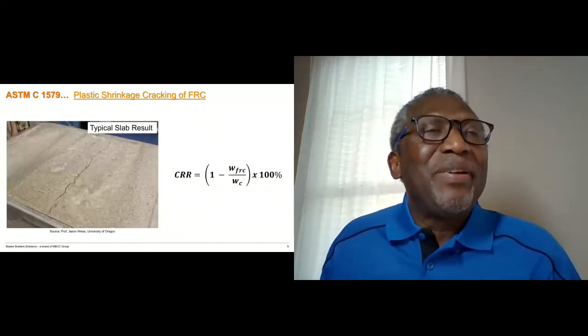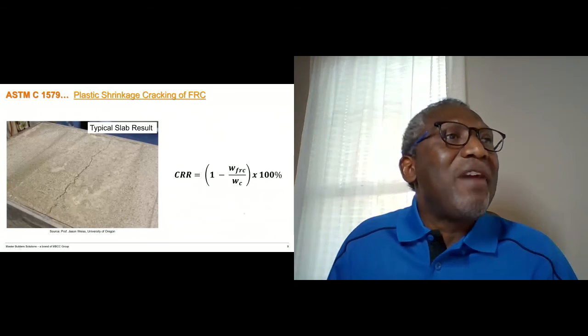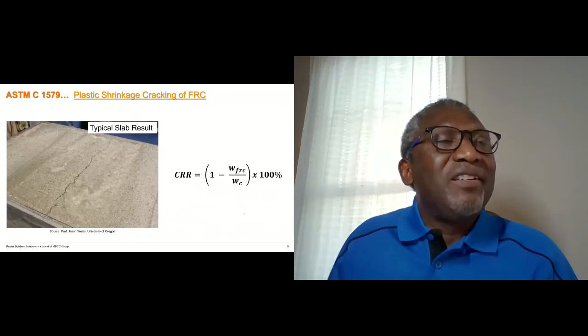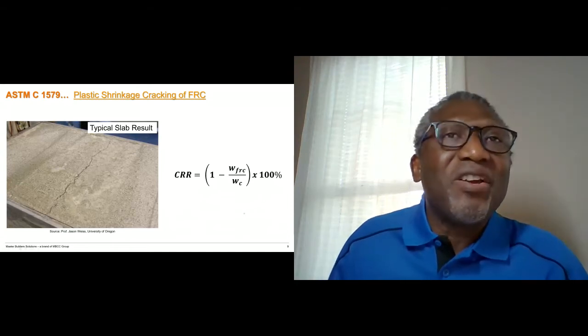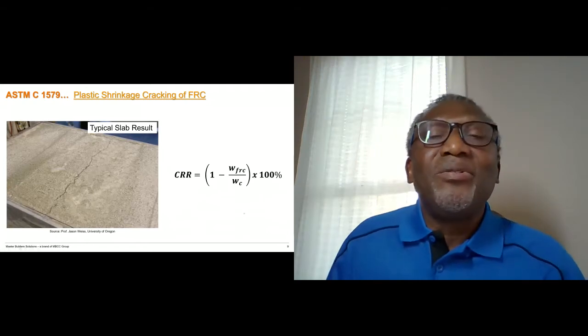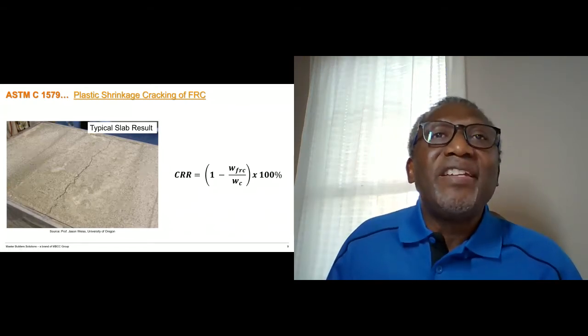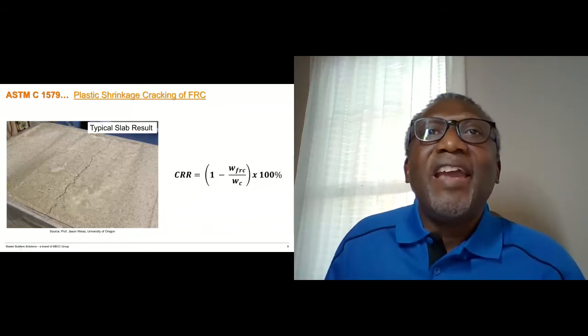Now, this is a typical slab result. And what is then done is the crack width across the slab is measured at different locations. That is averaged for the reference concrete. And then also the same thing is done for the fiber reinforced concrete. And then using this expression, the crack reduction ratio is determined.